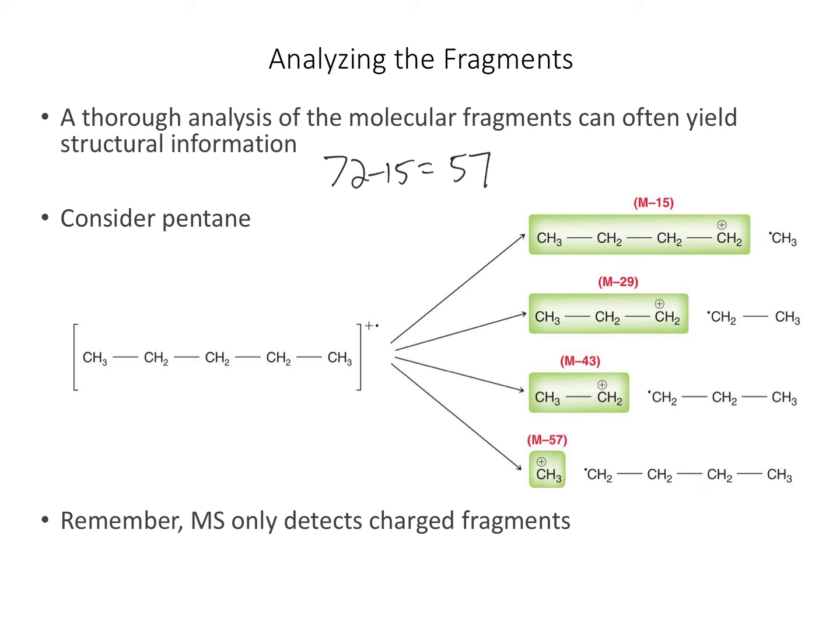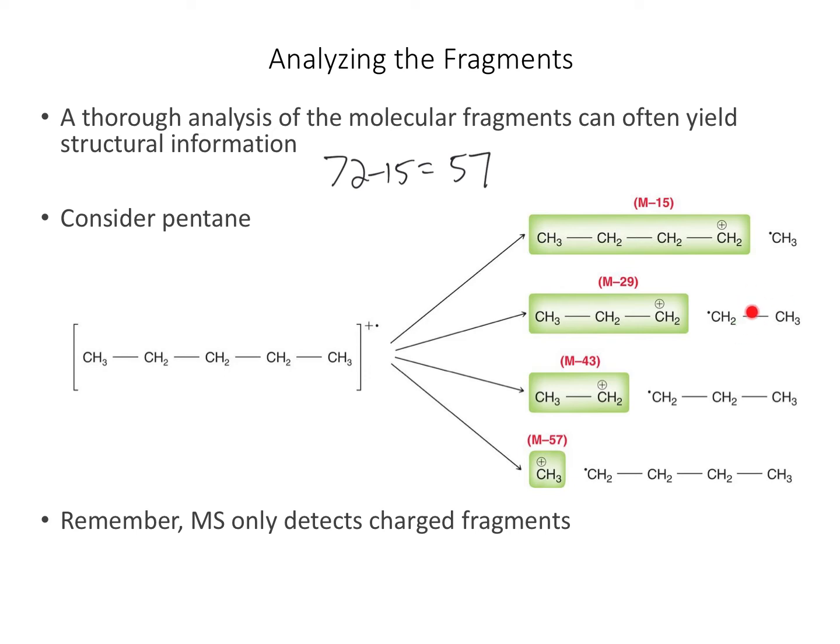So if our parent ion peak is at 72, and we have a peak that's 15 less, that is most likely due to the loss of a methyl fragment. Or the loss of an ethyl fragment often will correspond to an M minus 29, right?